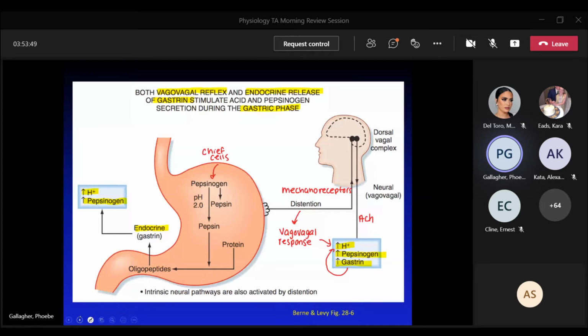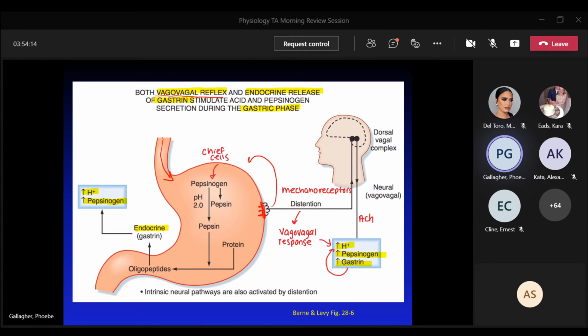Okay, so this is just kind of combining everything together. Remember, your vagovagal reflex is going to not only lead to relaxation of the stomach so that you can accept more food coming in through this distension mechanism. So these mechanoreceptors will sense that food's coming in.